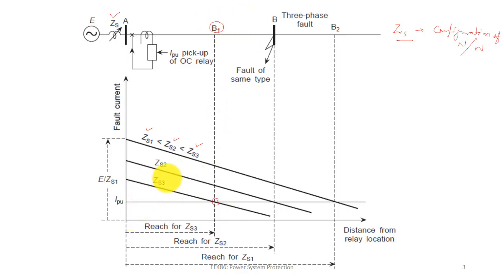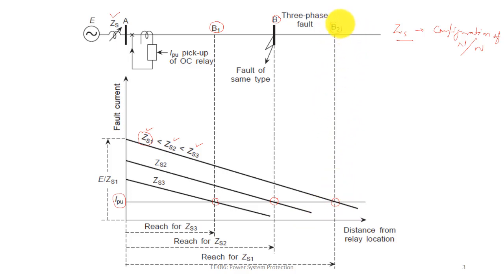Similarly, for the next higher value of ZS, the reach of the relay will be B for that particular pickup current, that is I pickup, right? Similarly, for the lowest value of ZS, that is ZS1, the reach will be the maximum, that is up to B2. Beyond B2 the relay cannot operate, right?